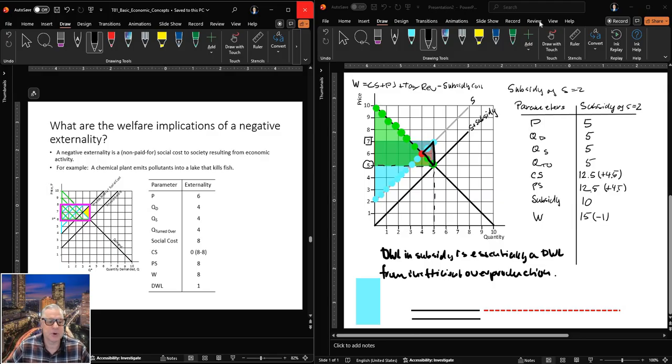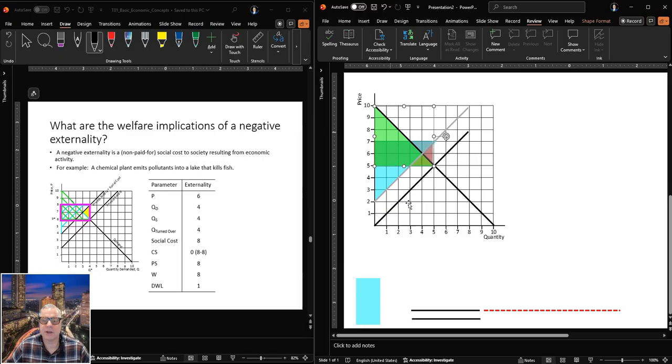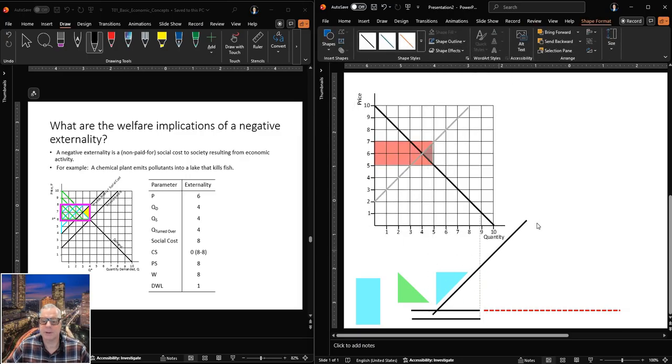Okay, so let me first clear this. Okay, let's get rid of all our areas that we just need for... I just need to clean up here quickly.